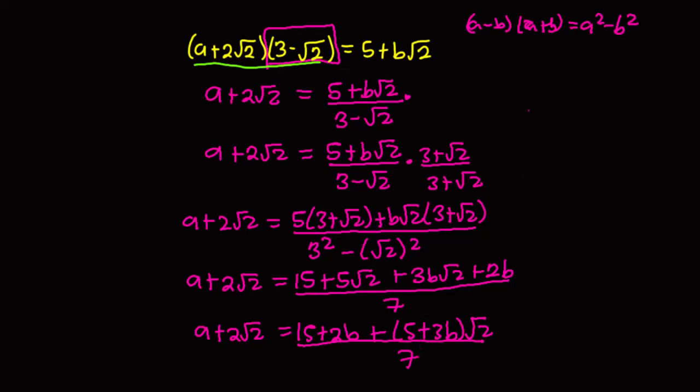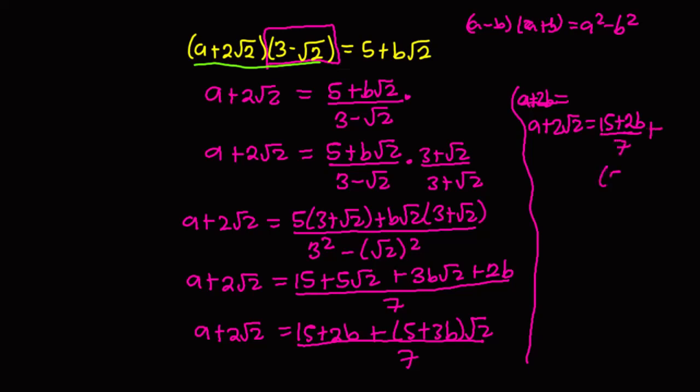Now if we have something like this, we can say that a plus 2 root 2 is equal to 15 plus 2b over 7 plus 5 plus 3b root 2 on 7.